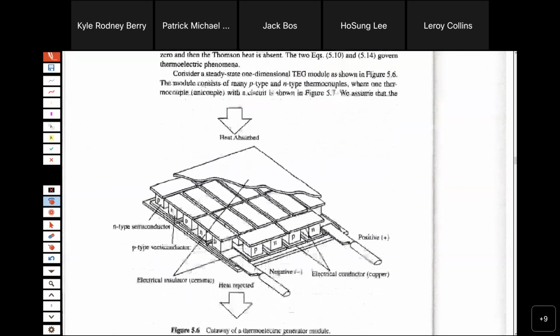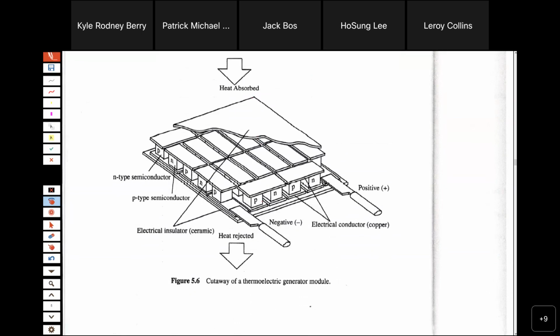Okay, and then this is a commercial module, usually available in the market. They have P-type and N-type, which we discussed, but the temperature difference is small, so we need a number of couples.